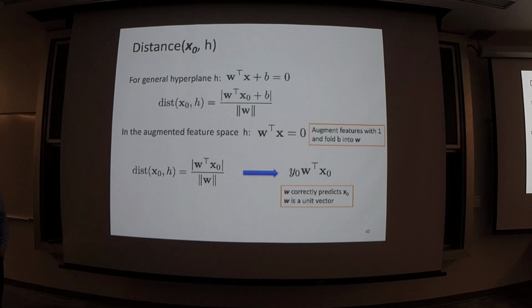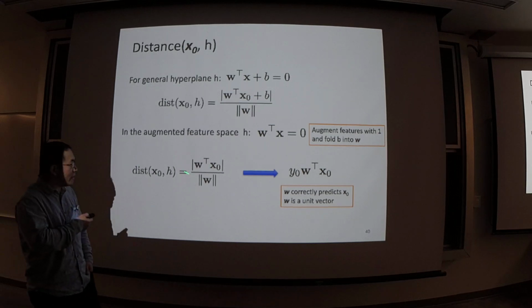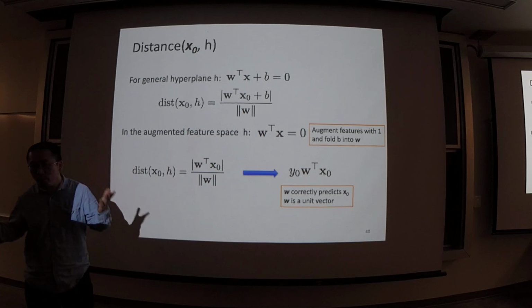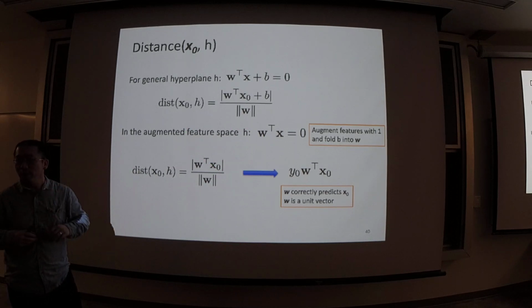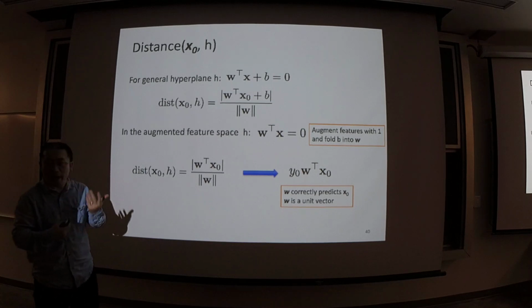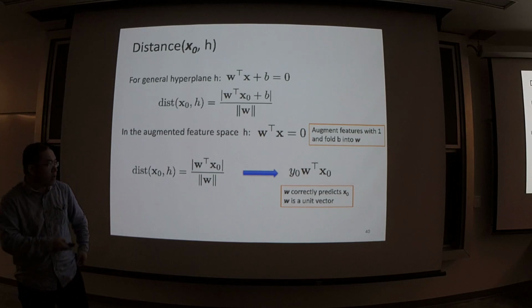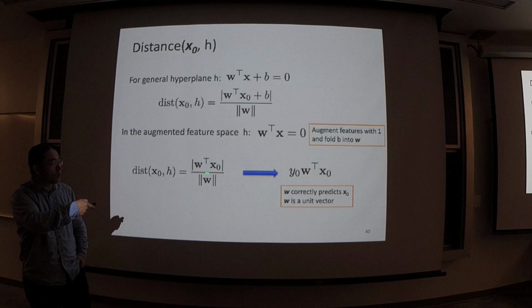So imagine that we're talking about a separating hyperplane. That means I have a set of training examples, positive and negative, and our hyperplane H can correctly predict every training example. Then we do not necessarily need to write the absolute value.